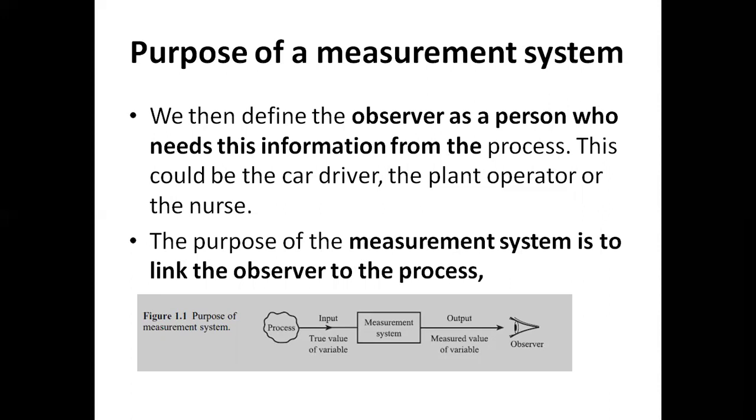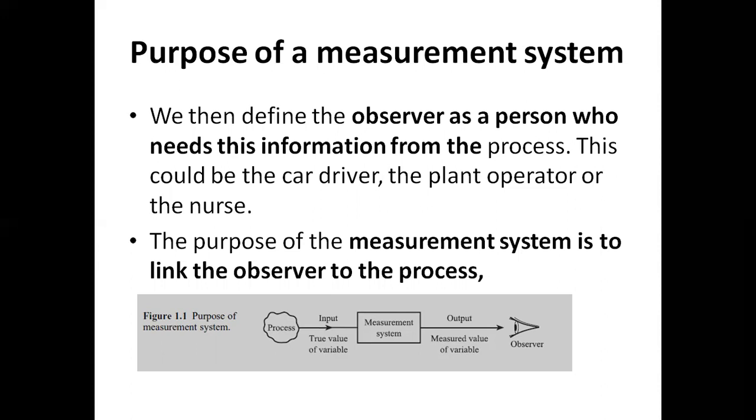That's the whole aim and objective of a measurement system. And so we can also say that's the whole business of a sensor system. It's supposed to interact with the process and give the observer the information he wants. And that's all about our course.